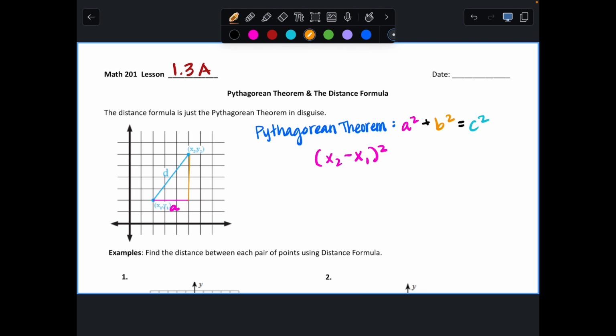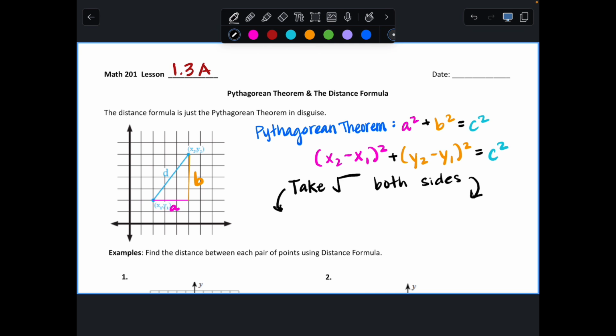Then we have the vertical distance, which is side B. And the third side would be C. And then to solve for that third side, you would just take the square root of both sides. And that gives us the distance formula.